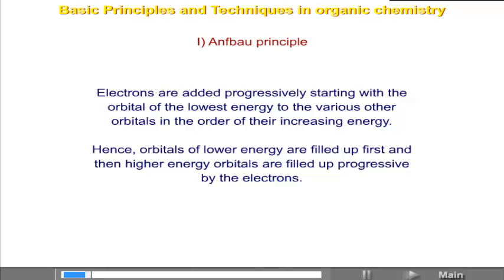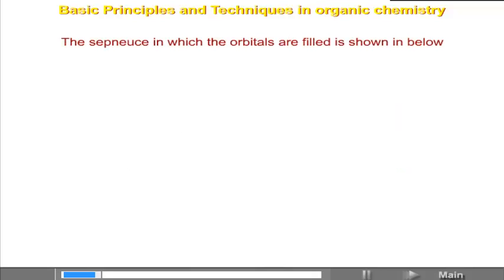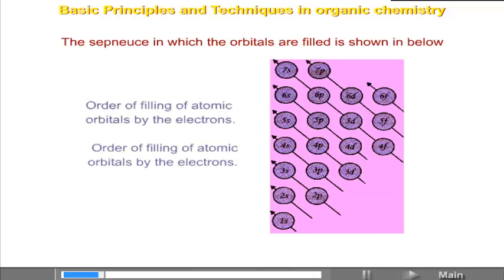Hence, orbitals of lower energy are filled up first and then higher energy orbitals are filled up progressively by the electrons. The sequence in which the orbitals are filled is shown below.